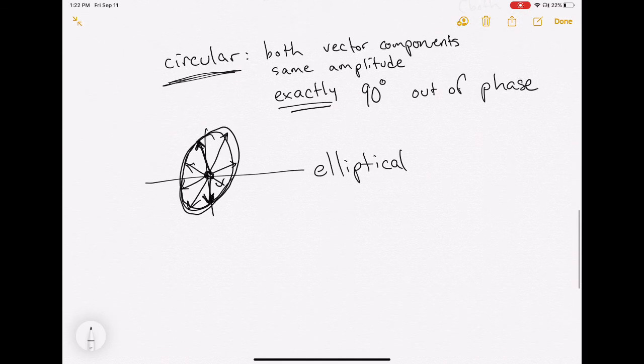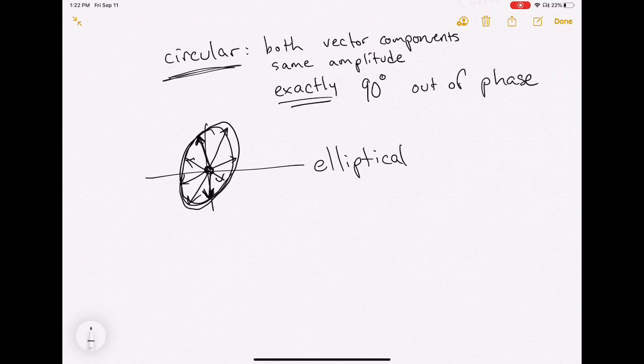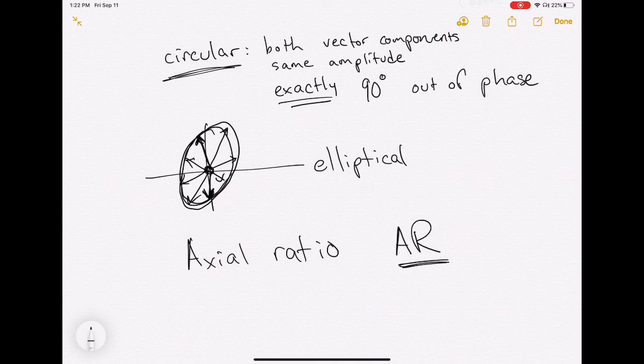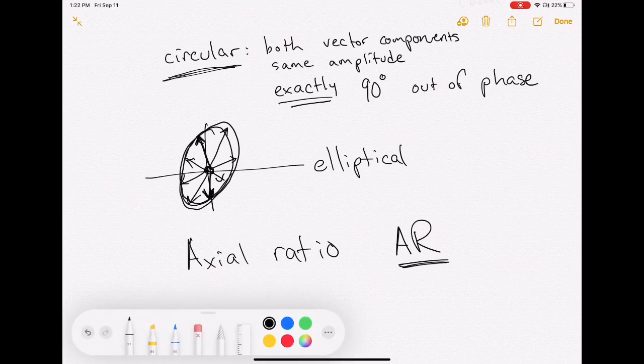For antennas that are intended to be circularly polarized, there's a metric called axial ratio, or AR. It's often abbreviated as that. And the actual axial ratio is a measure of how circular your elliptically polarized thing is.